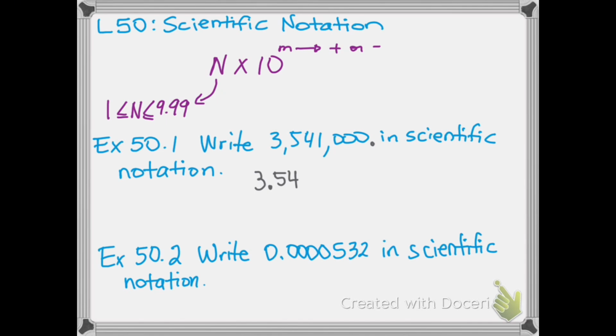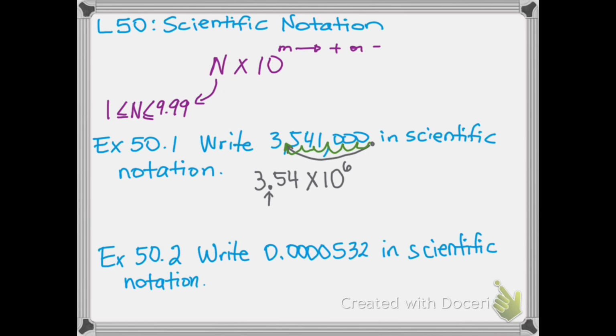So we have to move the decimal all the way here because that's where I want it, in between the 3 and the 5. So how many times did I move? Let's count. 1, 2, 3, 4, 5, 6 times. So because we moved 6 times, I'm going to put times 10 to the 6th power.